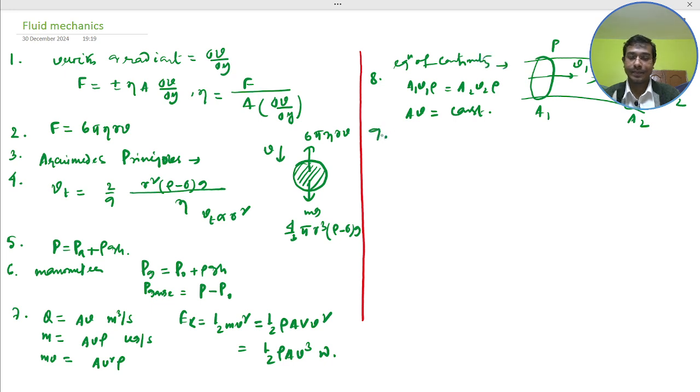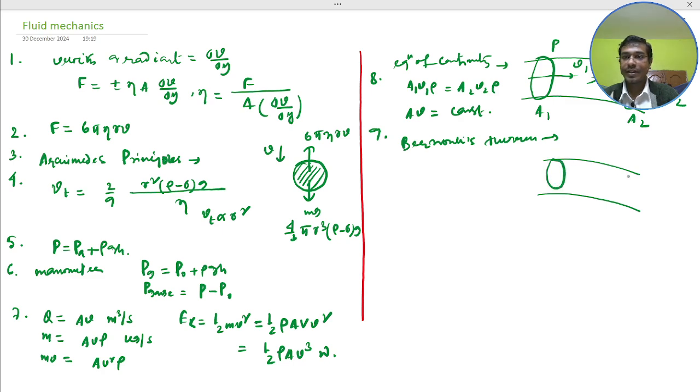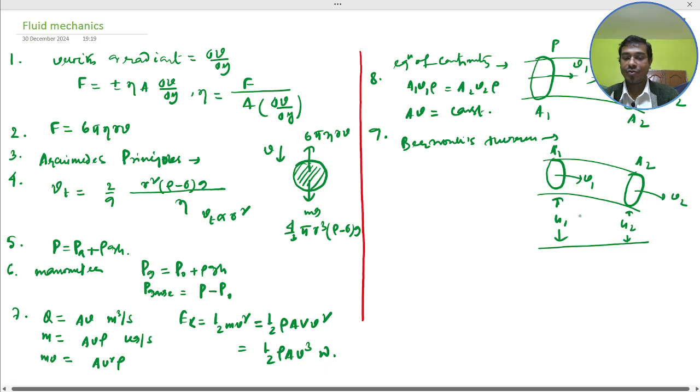Next one, Bernoulli's theorem. Suppose in the figure drawn here there is a section at heights h1 and h2, with cross sections A1 and A2 and velocities V1 and V2.